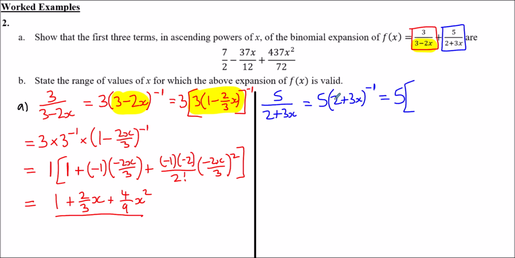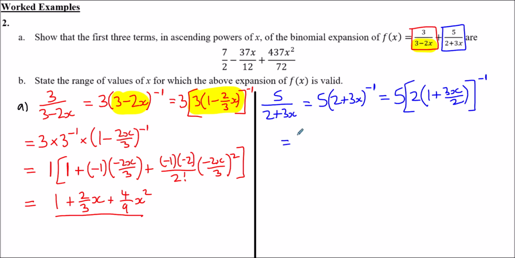If I take this 2 out of 2 plus 3x, it becomes 2, then brackets 1 plus 3x over 2, whichever you want to use. I'm going to go for 3x over 2 in this case. But all of that is to the power of minus 1.